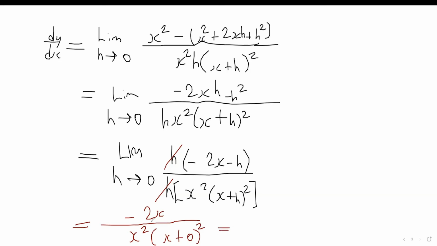So we end up with minus 2x over x squared times x squared, which is x to the 4. And then x over x to the 4, that cancels out the x to get minus 2 over x cubed. So that's how you do this question. Easy. That would be the answer.